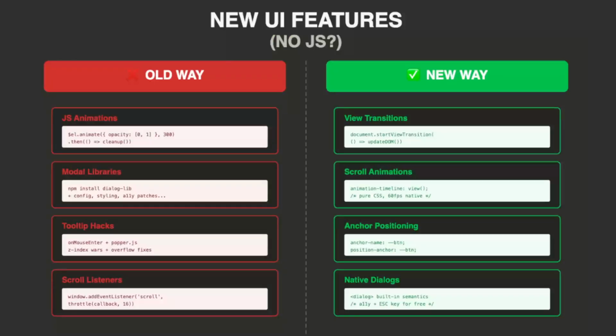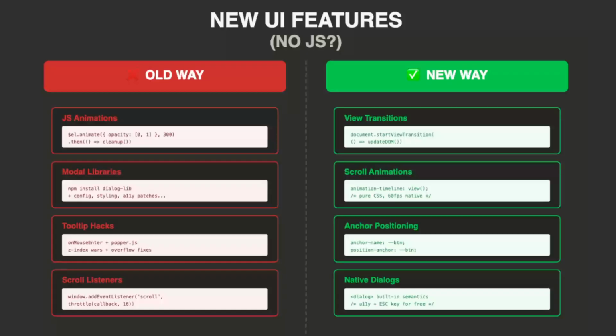One of these roadmaps, right, is about the new UI features. And one of the things that I'm also saying on this channel is that you don't need JavaScript to have great interactions. So, for example, JavaScript animations, well, now we have view transitions. So you don't need JavaScript animations anymore. Modal libraries, yeah, well, you don't need them anymore because we have native dialogs.